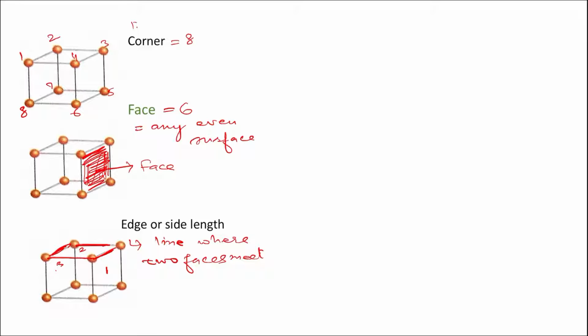So these are known as edges. Just count how many edges there are: 4, 5, 6, 7, 8, 9, 10, 11 and 12. So there are 12 edges, which can also be termed as the side length in a given unit cell.